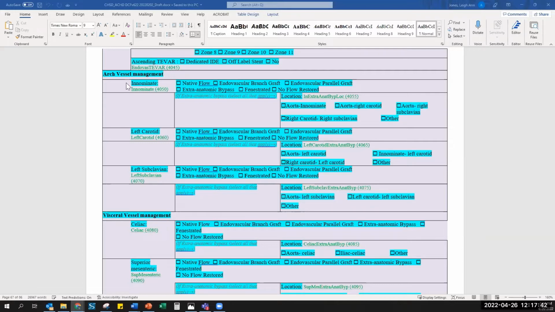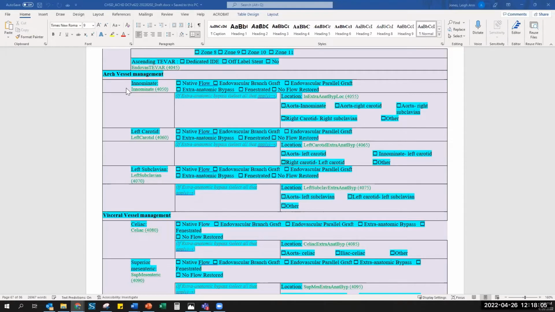Okay. Next, we're going to talk about arch vessel management, and this quite often happens during a T-bar. It goes through each of the arch vessels and talks about how they were managed. So the choices are native flow.